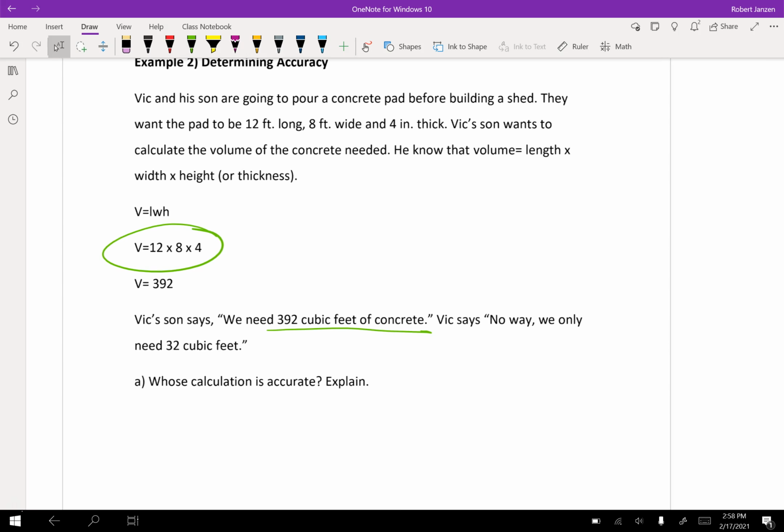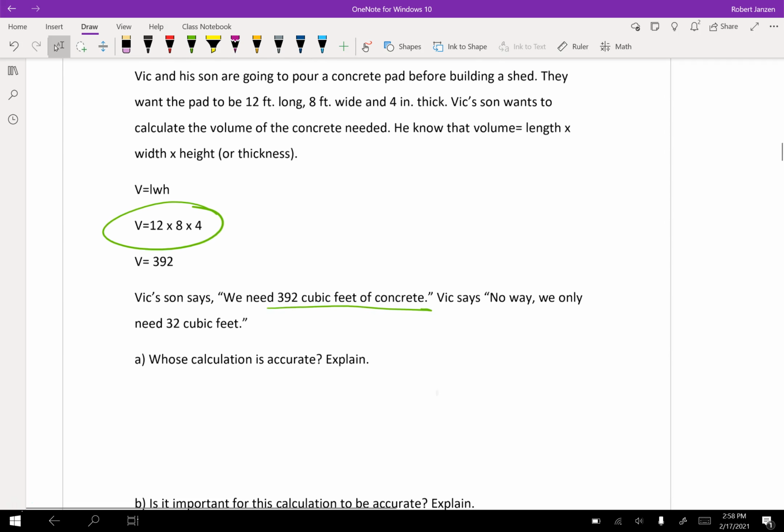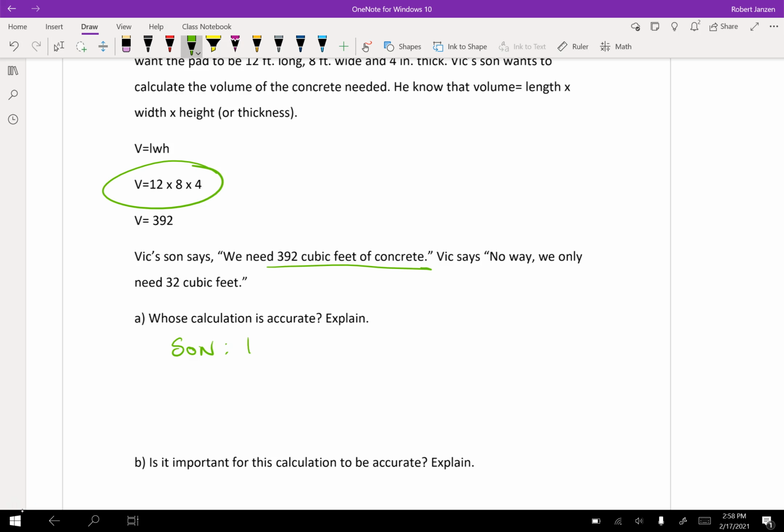Whose calculation is accurate? Well, what's wrong with the son's thinking? The son said 12 times 8 times 4 is 392, and he says that's feet cubed. The problem is 4 is in inches, not in feet.